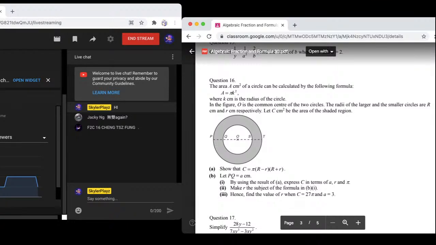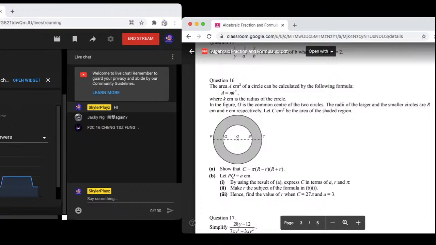So that, then that's this and this. R squared minus r squared, and PQ to be A, R. Yes.